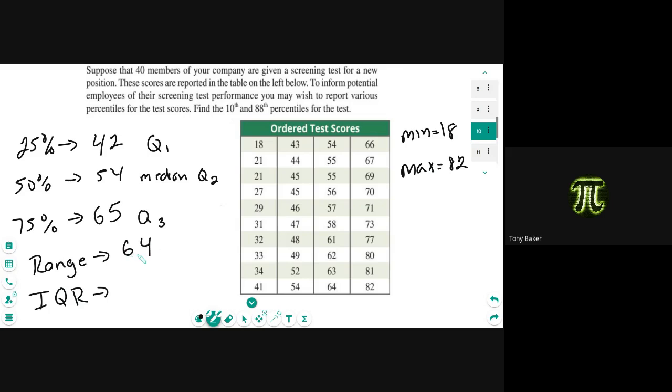What's the interquartile range, which you'll always see me abbreviate as IQR? I will never write out interquartile range. It's too long. Yes, because we're taking the 65 and the 42, which is 23.